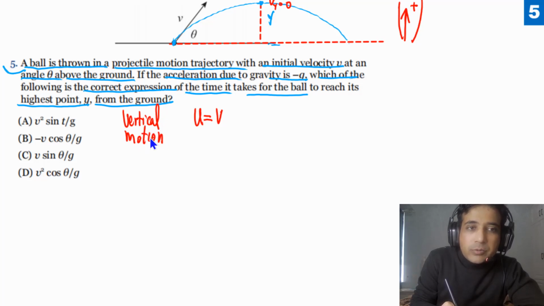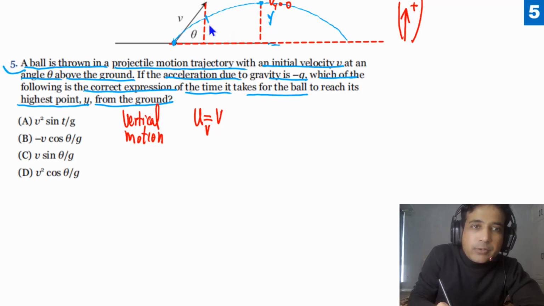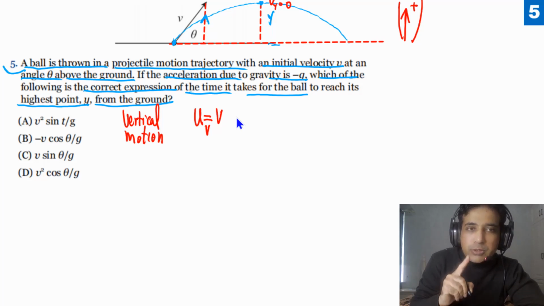We will take uy. If we resolve this into two components, horizontal component and vertical component, we are talking about vertical motion. So we have to take this component of motion, and this component is vertically up. As this angle is theta, this component is v sine theta.